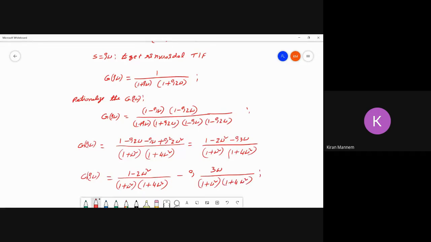So we separated the real term and also the imaginary term.